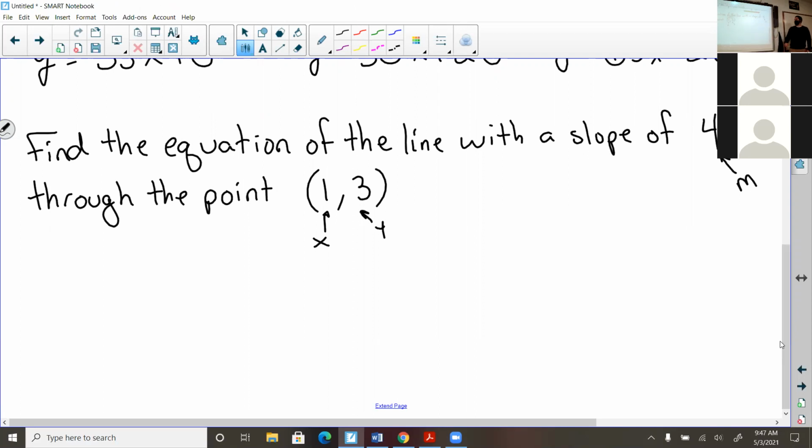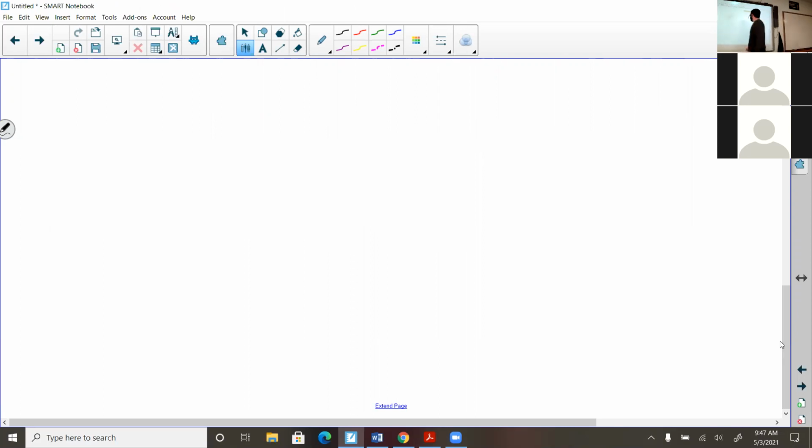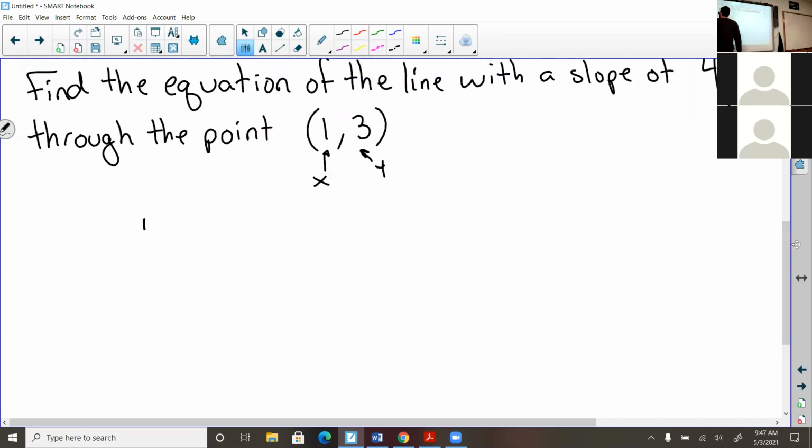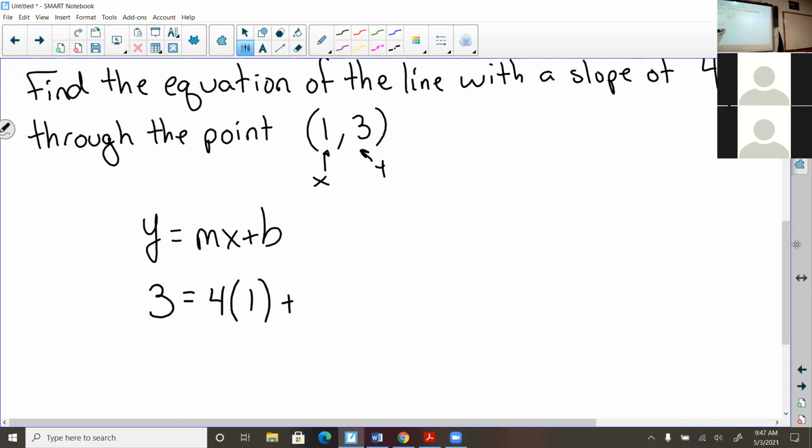So what I'm going to do is write all the information I know and then solve for the missing variable. So using y = mx + b, I know that my y value is 3, my m value is 4, my x value is 1, and I do not know my b value.